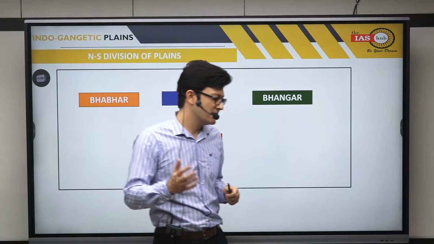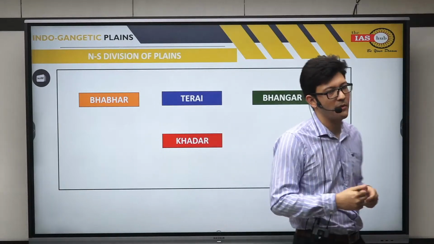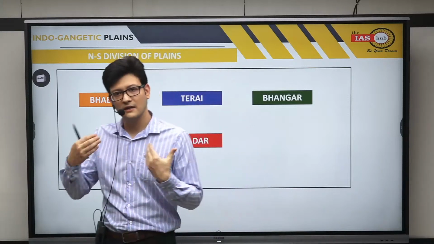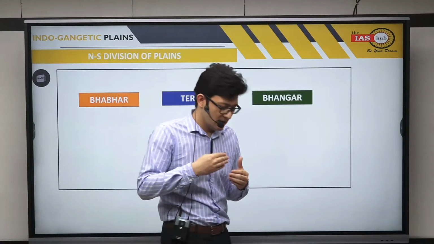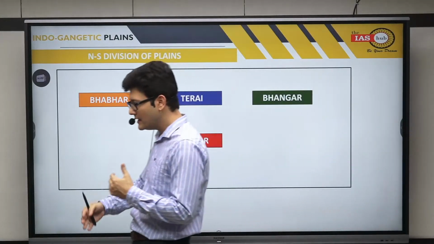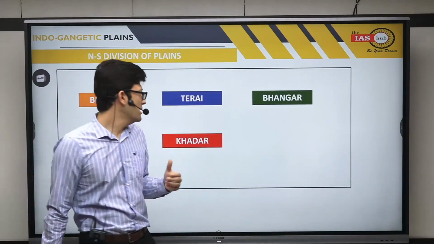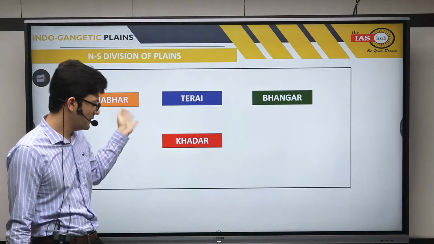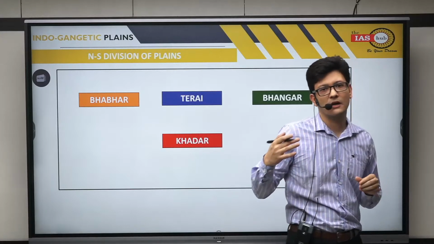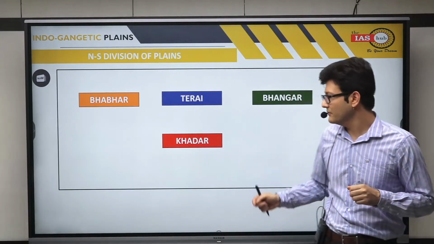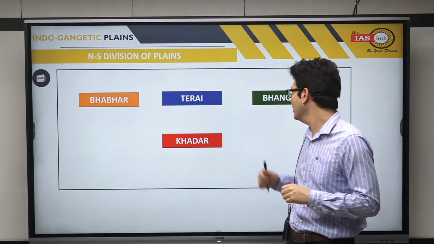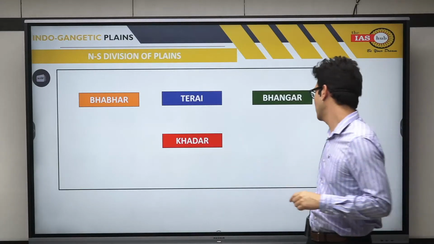When the rivers flow down from the Himalayas, they deposit heavier sediments, gravels and stones in the initial phase, and then slowly the more consolidated materials get deposited, and accordingly these plains are formed. So there are four types of plains categorized on the basis of consolidation of the material: Bhabar, Terai, then we move on to Bhangar and Khadar.